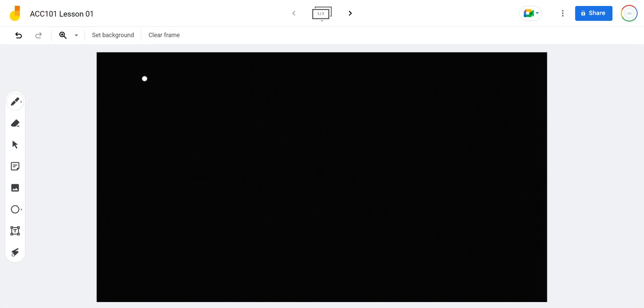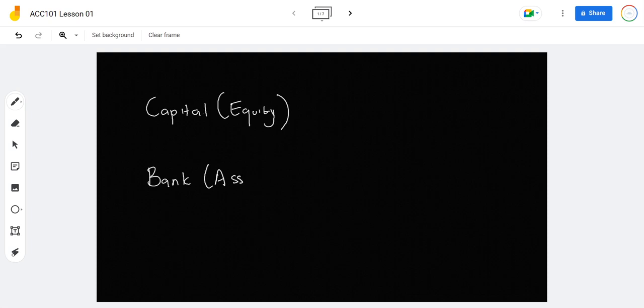So the owner has a capital account, all right, which is under the equity, right?